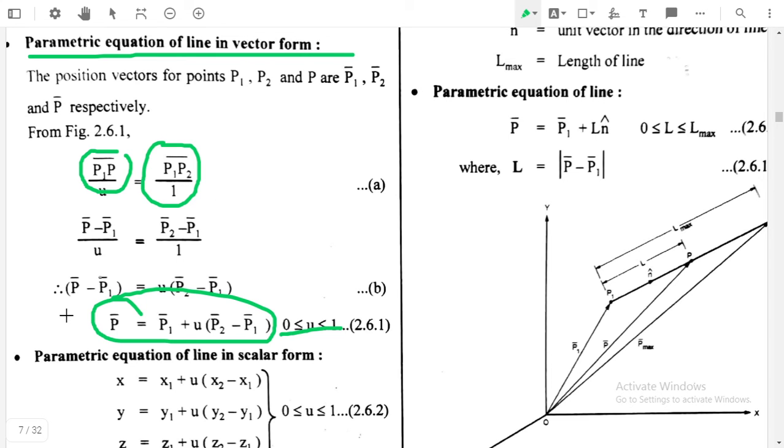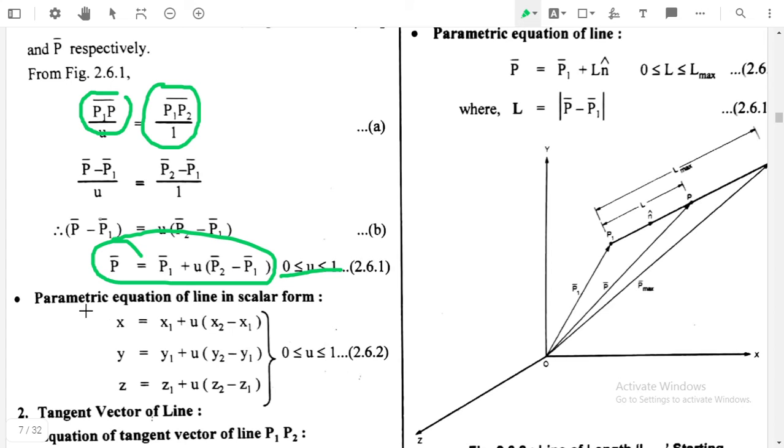Now if we want to find the parametric equation of the line in a scalar form: the above equation, P bar is equal to P1 bar plus u into P2 bar minus P1 bar, is the vector equation or parametric equation in a vector form.